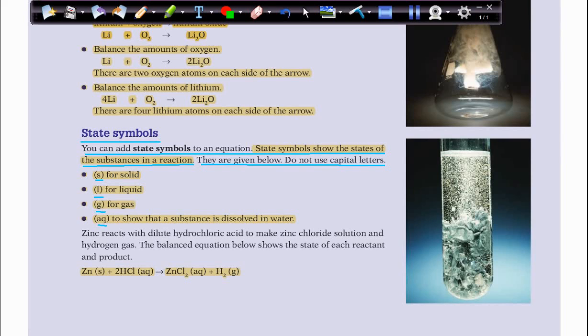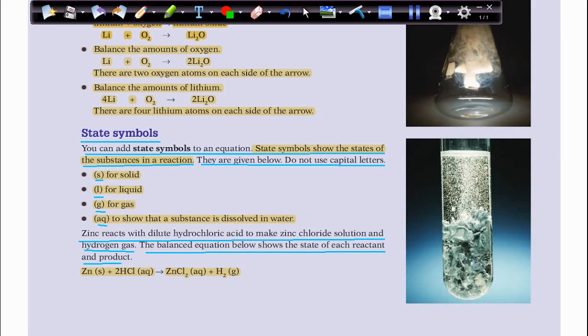Okay? Zinc reacts with dilute hydrochloric acid to make zinc chloride solution and hydrogen gas. The balanced equation below shows the state of each reactant and product.